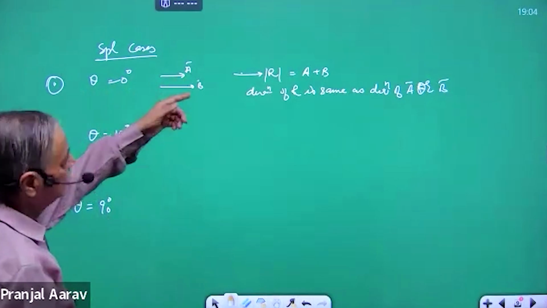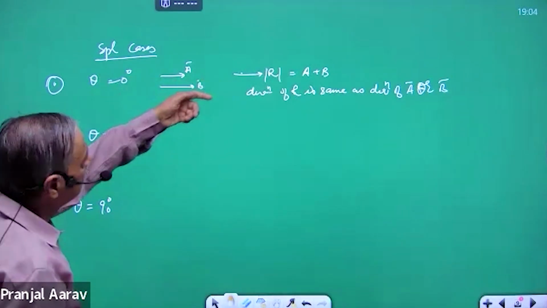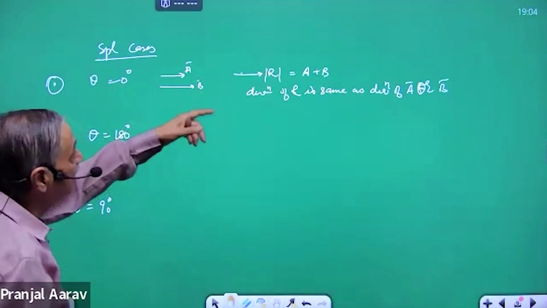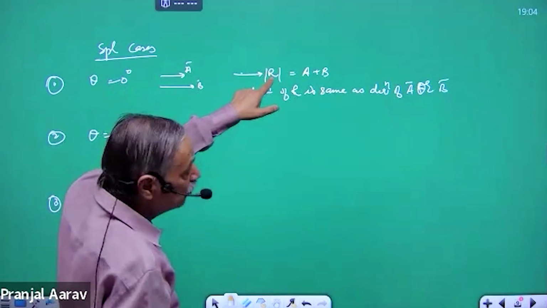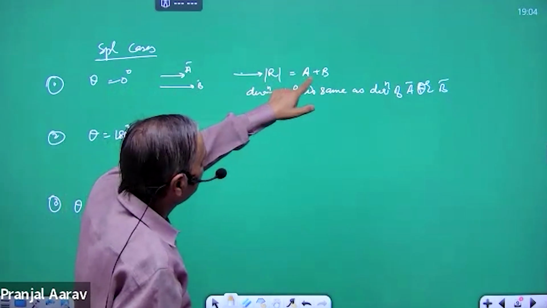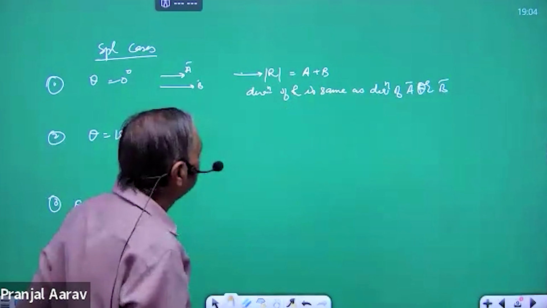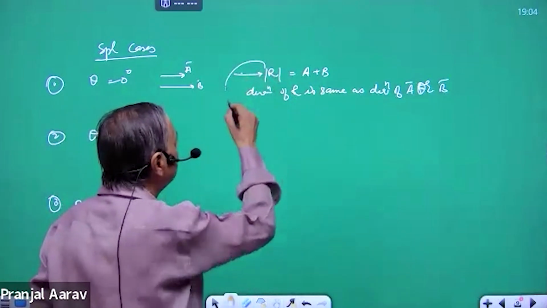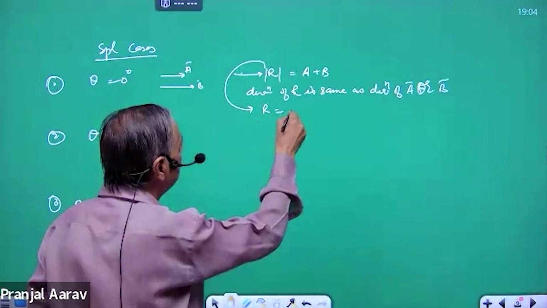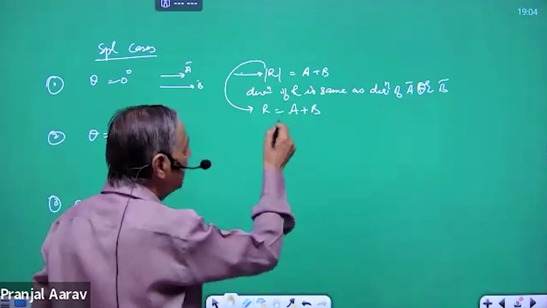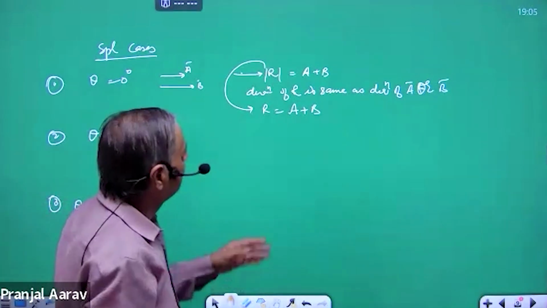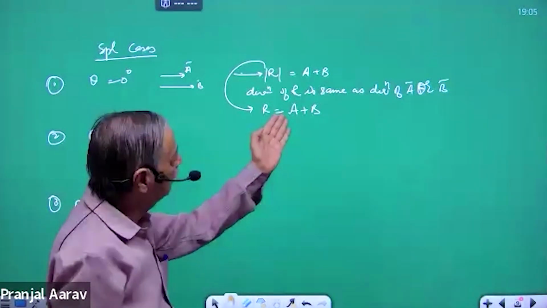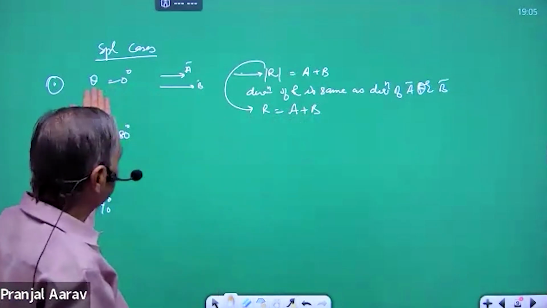Theta is 0 degree. A is acting this way. B is also acting this way. Then magnitude of R is equal to magnitude of A plus magnitude of B. Okay. I can also write similarly R is equal to A plus B. What does that mean? It means the value of R is the sum of the values of A and B. Direction is same.